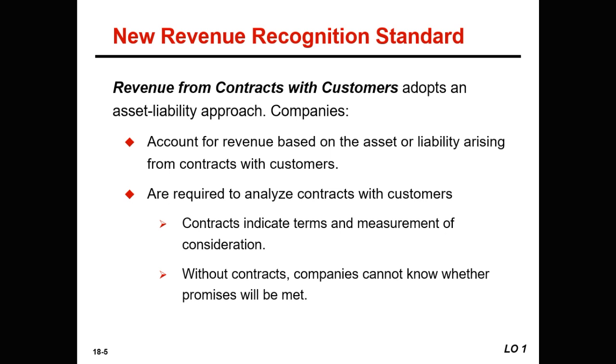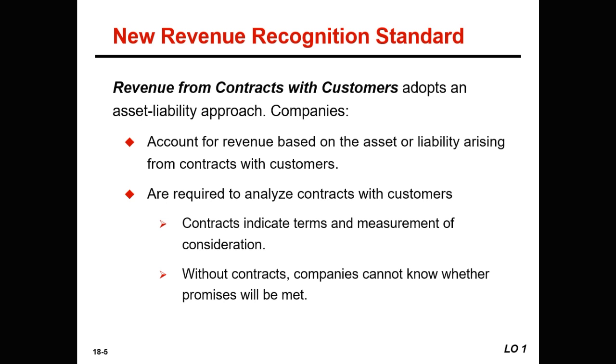So that standard is called Revenue from Contracts with Customers, and it adopts what's called an asset liability approach. It accounts for revenue based on assets or liabilities arising from contracts with customers. And it has a requirement to analyze that contract with your customer to indicate terms, measurements, consideration.